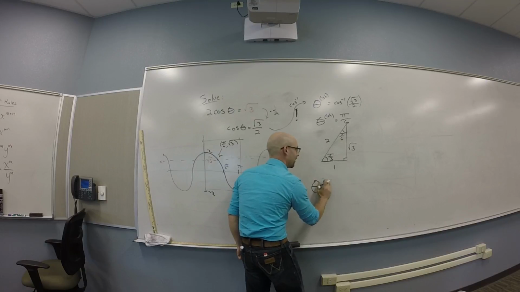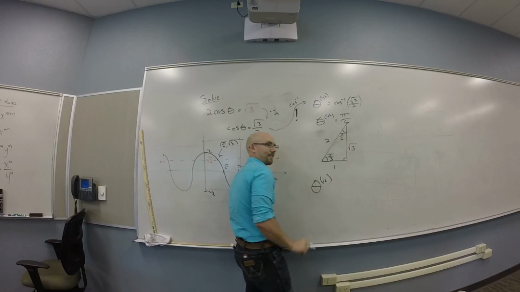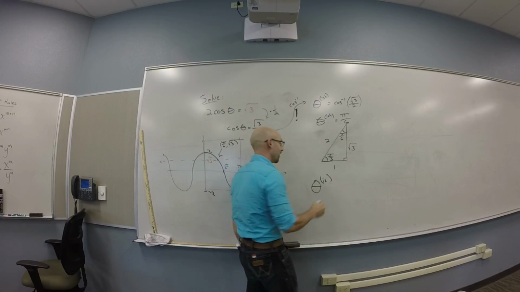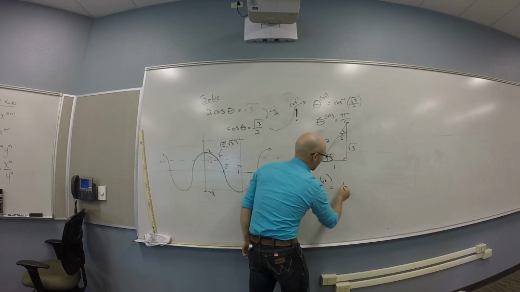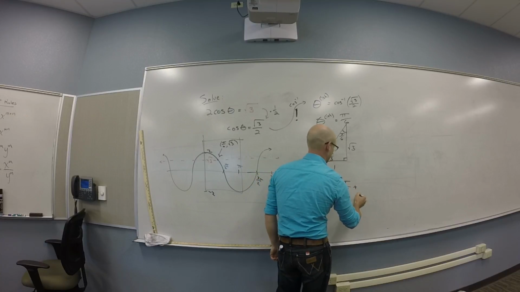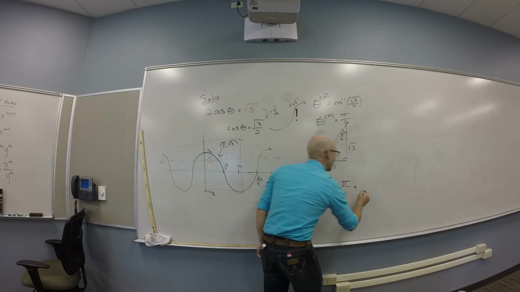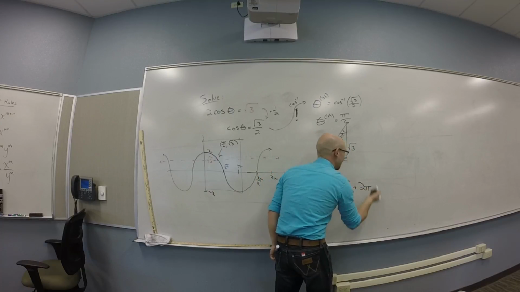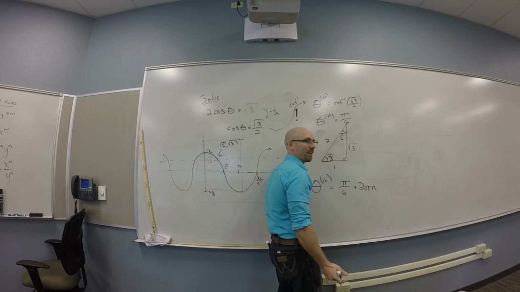Maybe I'm removing a little bit of the uncertainty. So I'm going to think, okay, well, maybe it's pi over 6 plus 2 pi, and a variable to oscillate, and then maybe n, right?